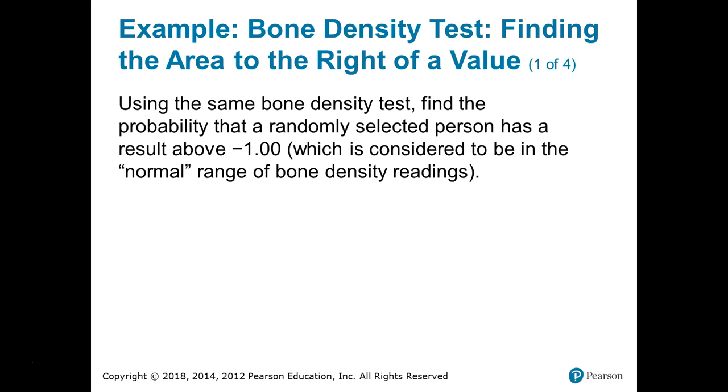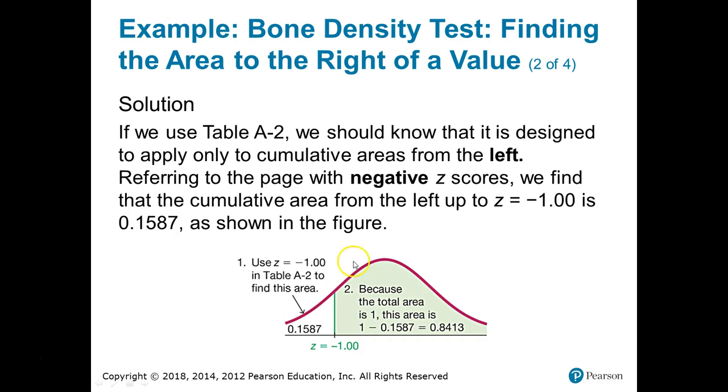So same bone density test. Now we want to find the probability that a randomly selected person has a result above -1. Okay, so now remember, the middle was a 0 right here. Now we're at -1. Negative tells me I'm to the left. And I want to know what values are above this. So I don't want what's below it. I want what's above it. But here's what's important.